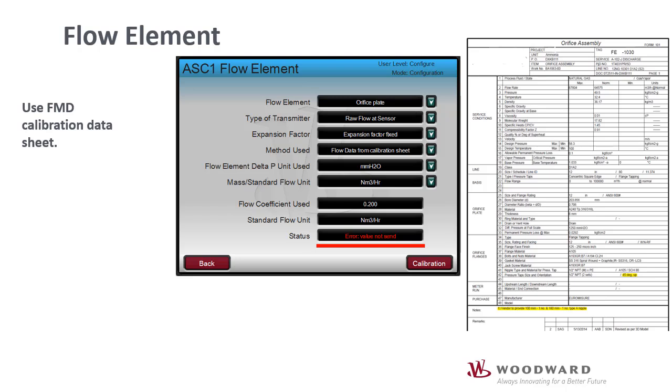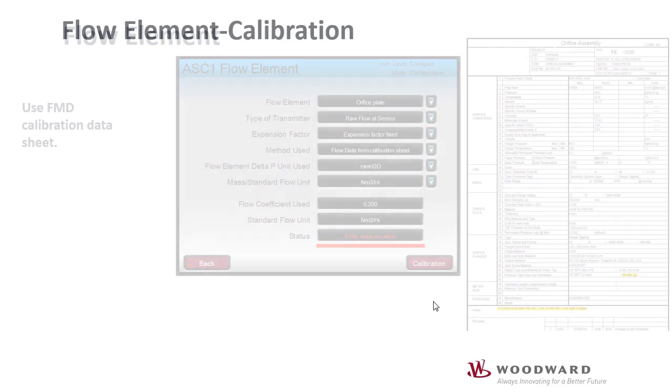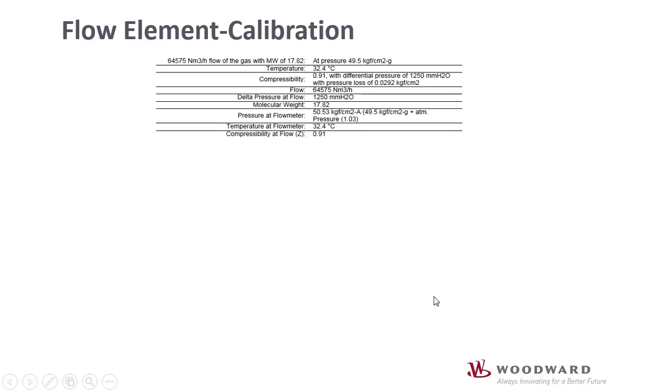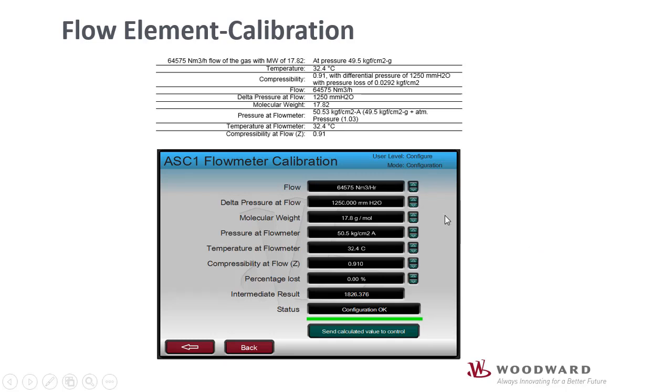Now you can see we inserted all the required data over here, and once you are done with that, we need to hit the calibration button. Before hitting the calibration button, note that this is the data which we received from the datasheet. Once we hit the calibration button, we get this page and enter all this data.